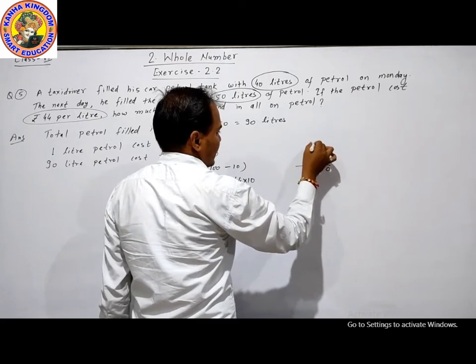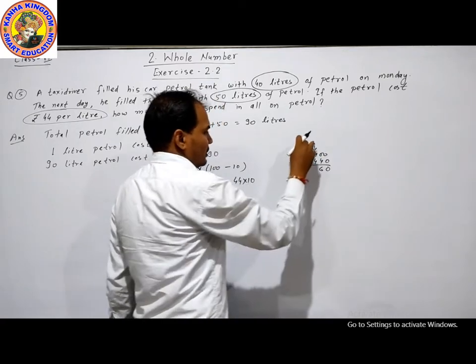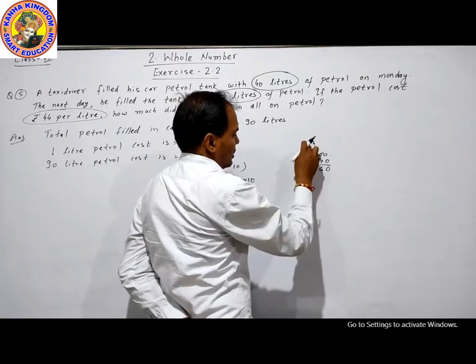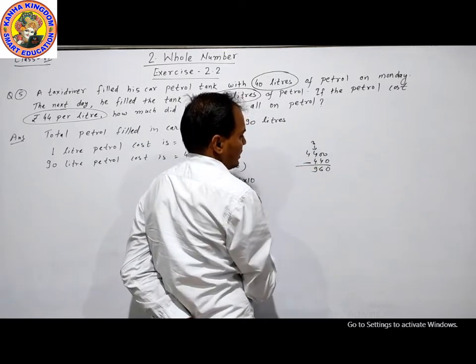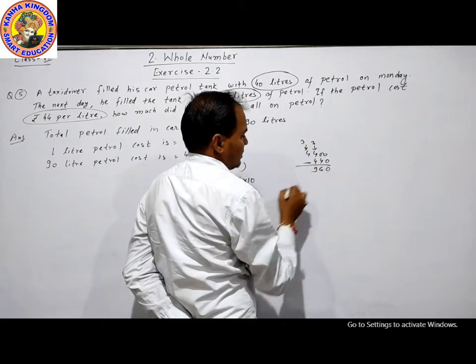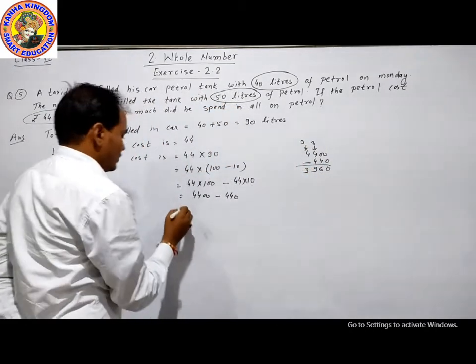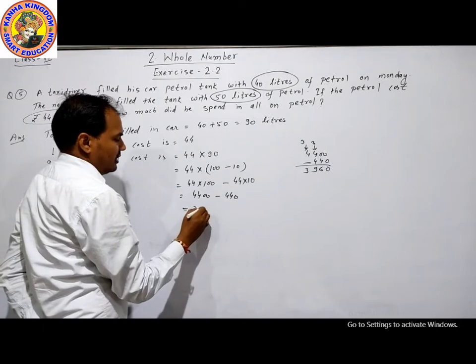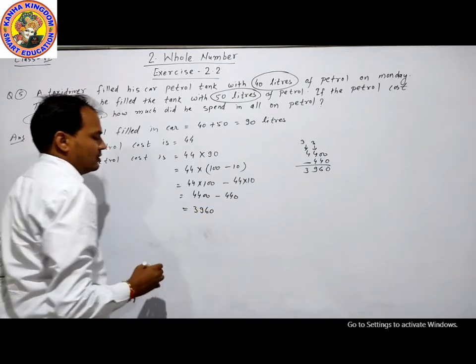Then this digit becomes 3. Now borrowing, this is 13. After subtraction we get 9. This will be 3. The answer is 3960.